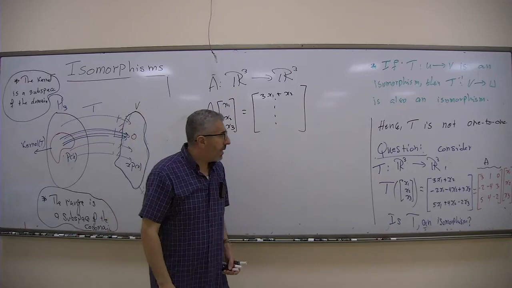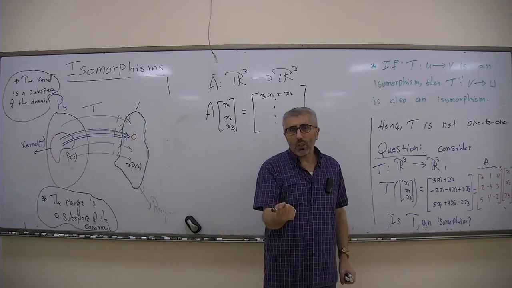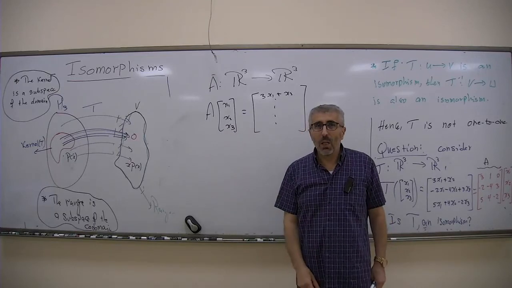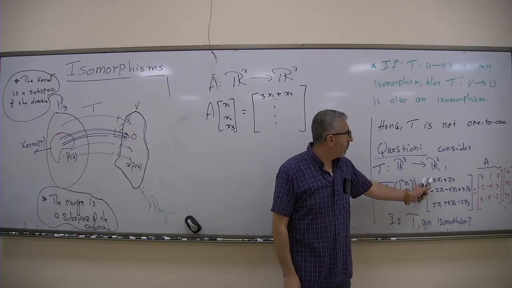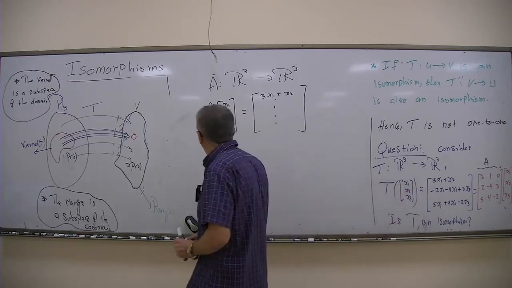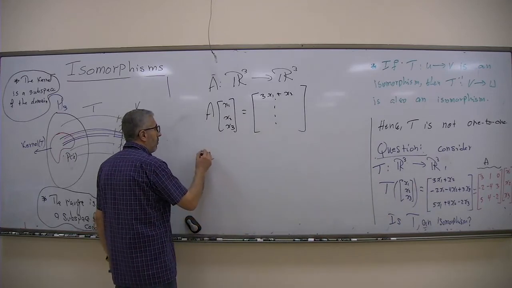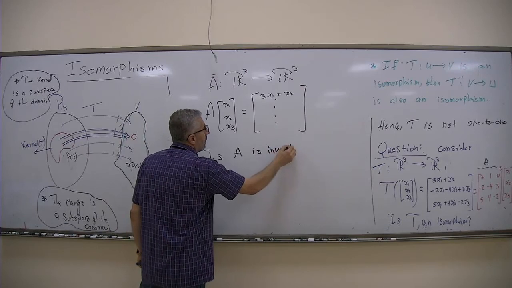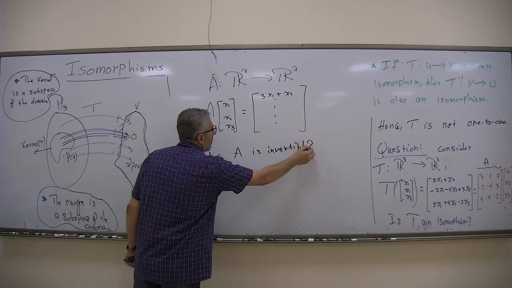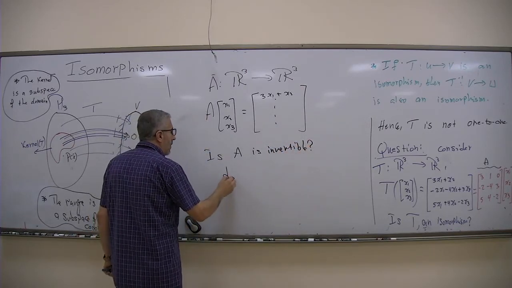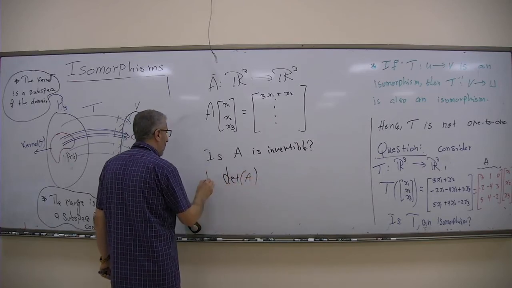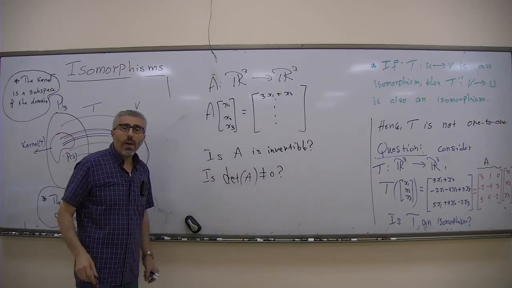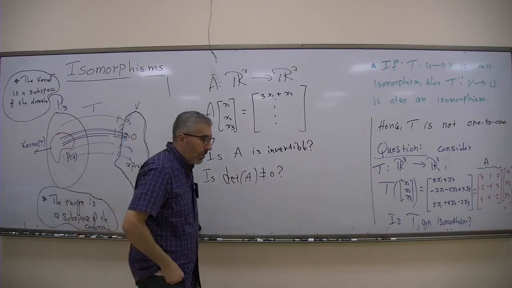Now, this matrix transformation is one-to-one and onto if and only if this matrix is invertible. So when we ask you, is this an isomorphism? All you need is to ask yourself, is A invertible? In other words, is the determinant of A not 0? That will tell you whether it is one-to-one and onto.